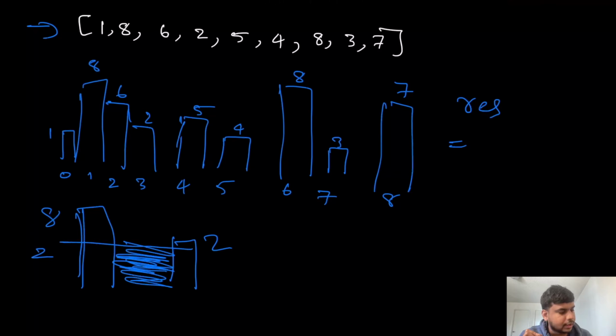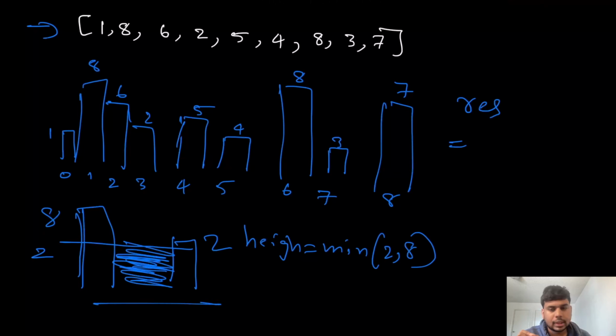So basically, even if you have two different heights, 8 and 2, the container's height can only be the minimum of both the heights, 2 and 8, and the width will be the difference between their indices. Let's say if this is the 0th index and this is the 4th index, width will be 4 minus 0, which is 4.